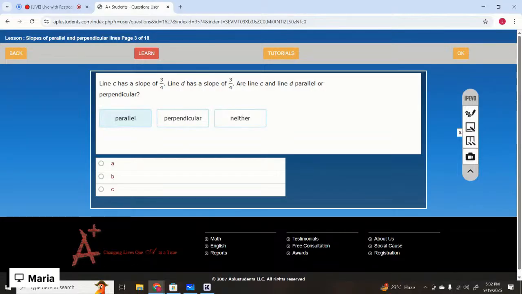The two lines have exactly the same slope. That means they are parallel. Option A is the correct option. The lines have exactly the same slope, so they are parallel.